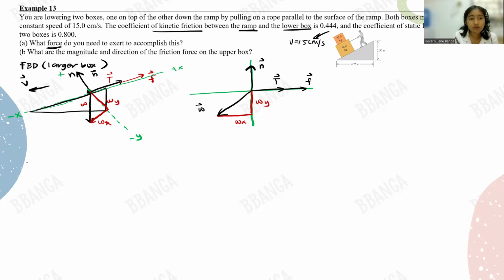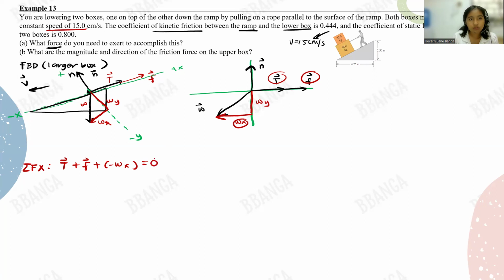So, ay angle, the summation pala of forces. So, summation along X, meron tayong positive tension, positive friction. So, T plus F. And then, meron ka negative WX is equal to, it is accelerating ba or hindi? Hindi. Kasi sabi niya constant speed.